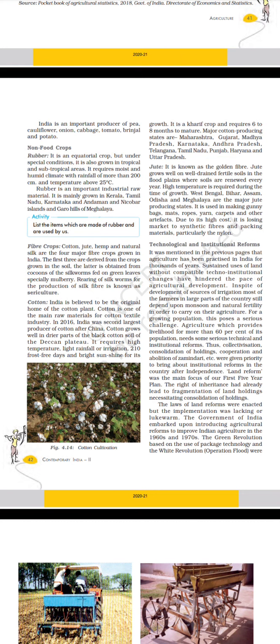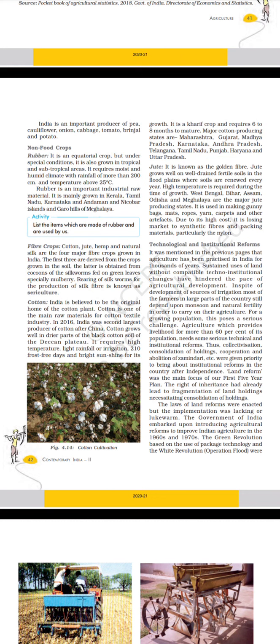Technological and institutional reforms. It was mentioned in the previous pages that agriculture has been practiced in India for thousands of years. Sustained use of land without compatible techno-institutional changes has hindered the pace of agricultural development.